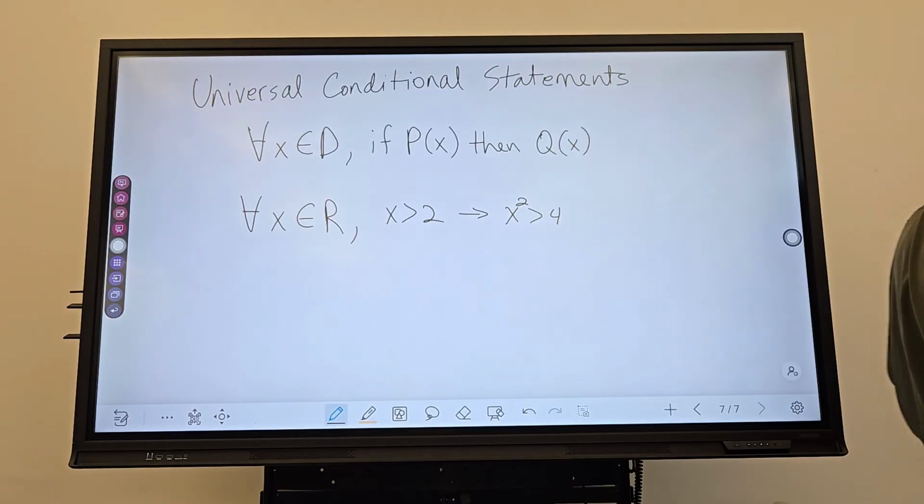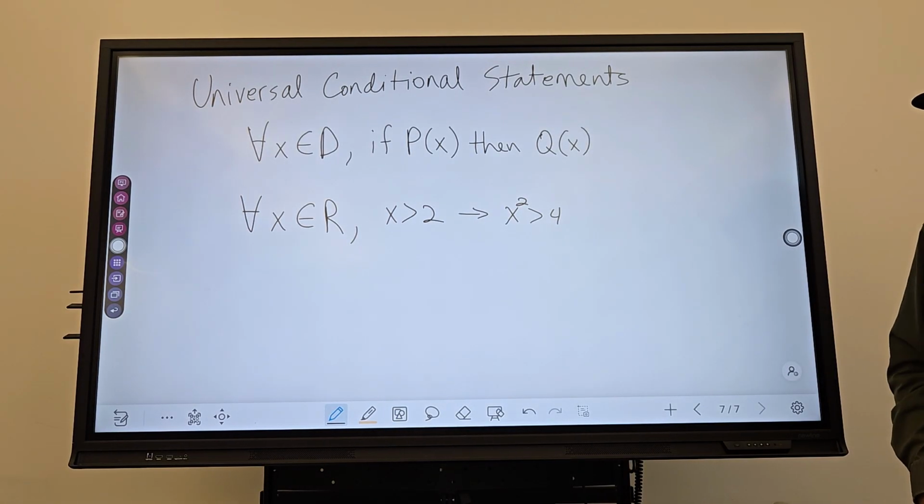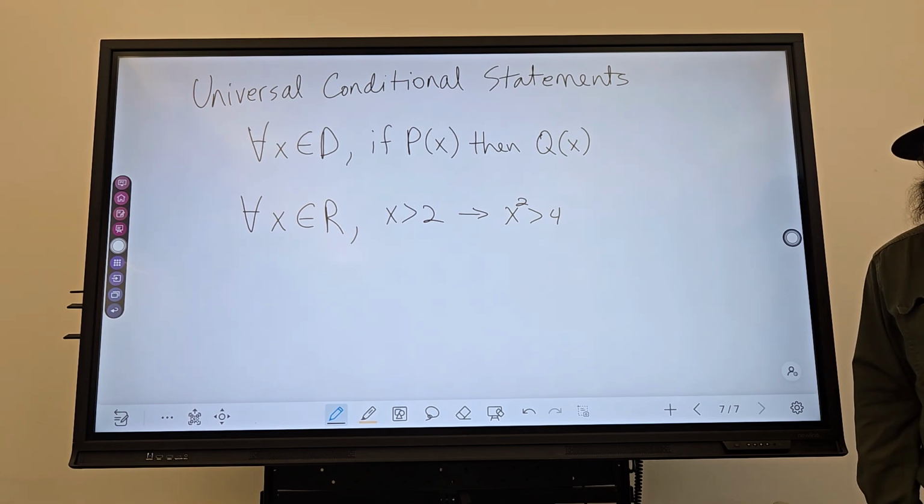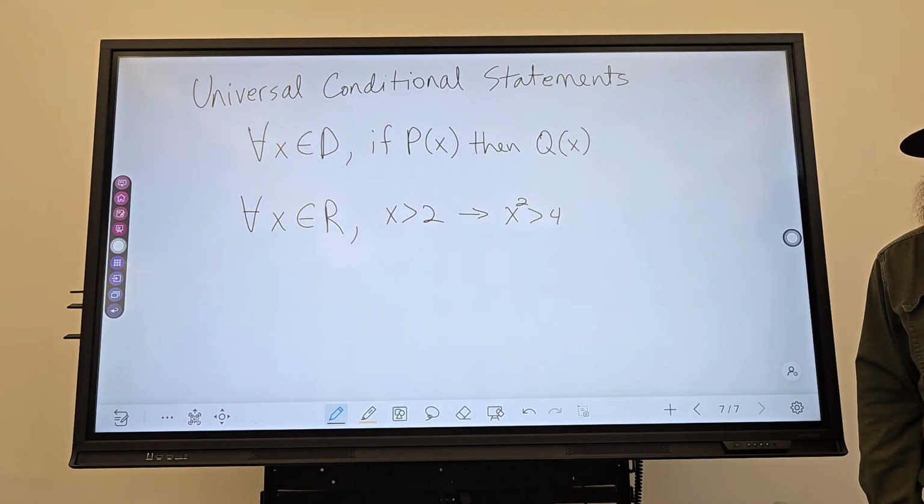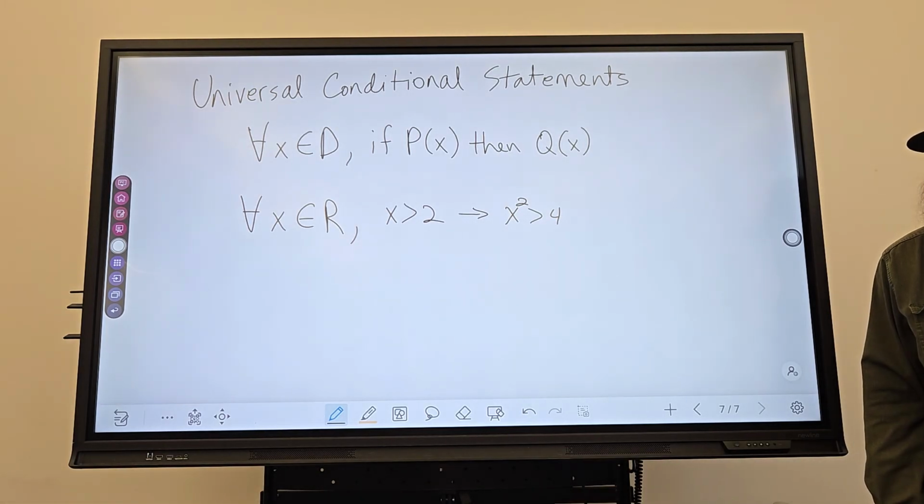If you can read that informally, what would that be? For all real numbers greater than 2, that number squared is greater than 4.